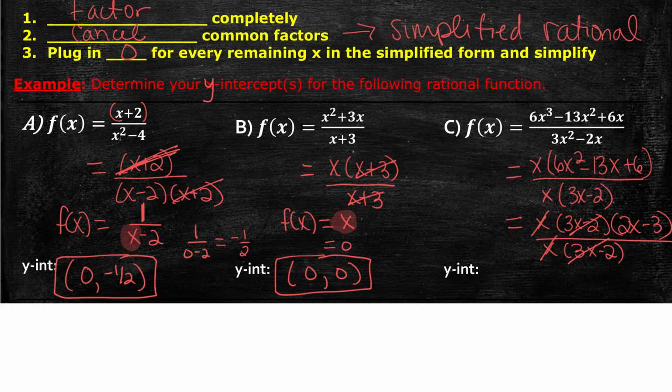So my simplified fraction is going to be f of x equals 2x minus 3. Well, I need to plug in 0 where I see an x. So when I plug in 0, this is going to be 2 times 0 minus 3, which is negative 3. So my y-intercept is going to be 0, comma, negative 3.